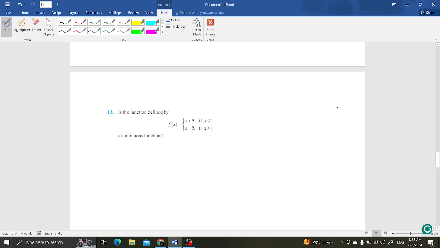The 13th question is the same as our first question: is this function continuous? You can observe that you have 1 here. Before 1 the function is defined by this one, at 1 also defined by this one, and after 1 defined by this one branch.